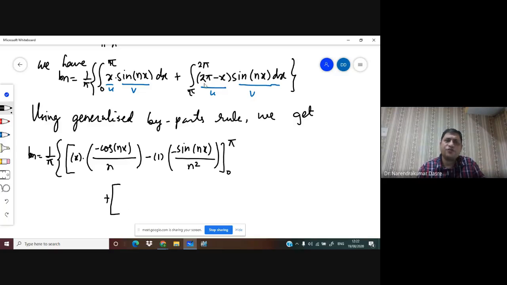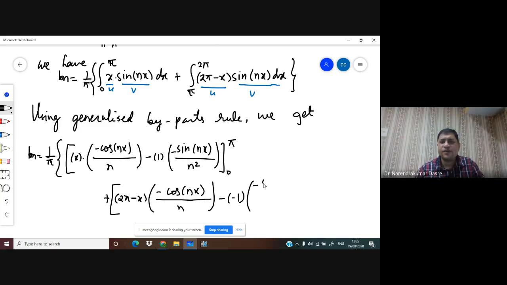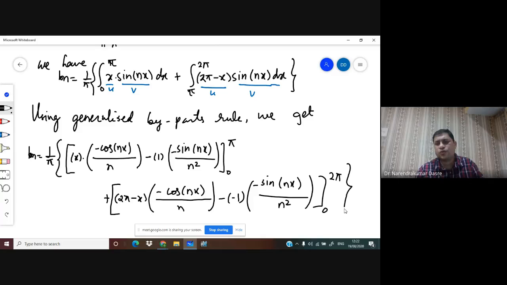Plus, now for this integral, it will become 2 pi minus x into minus cos of nx upon n, minus the derivative is minus 1, and you'll be having here minus sine of nx upon n square, and this is pi to 2 pi.